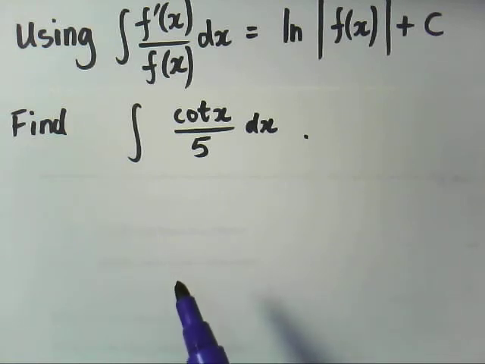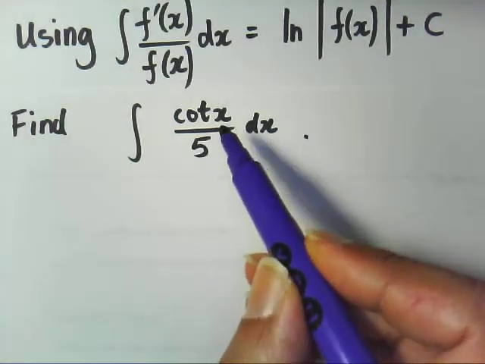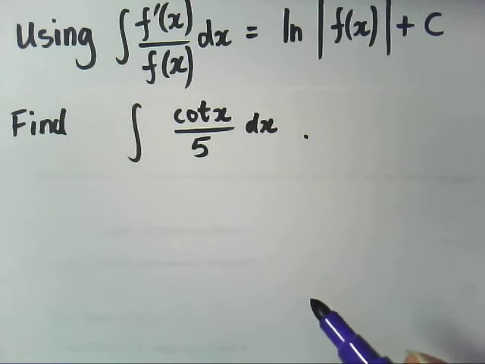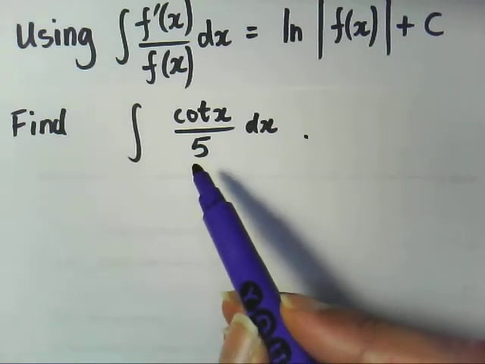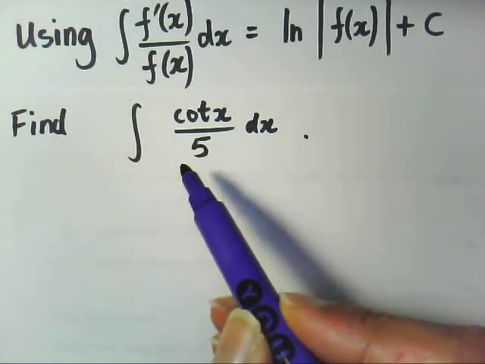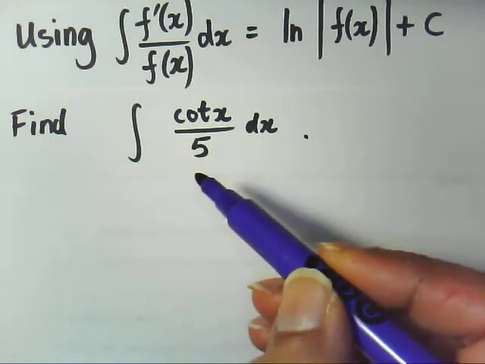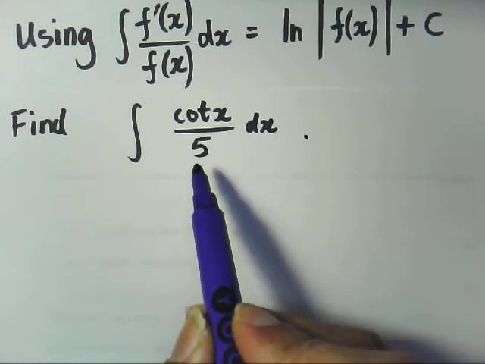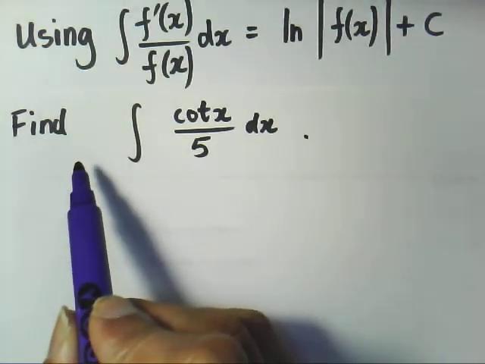Here we're asked to integrate the function cot x over 5. So we might remember that whenever we have some constant factor, be it a whole number or a fraction, positive or negative, we can extract this out of the integration.